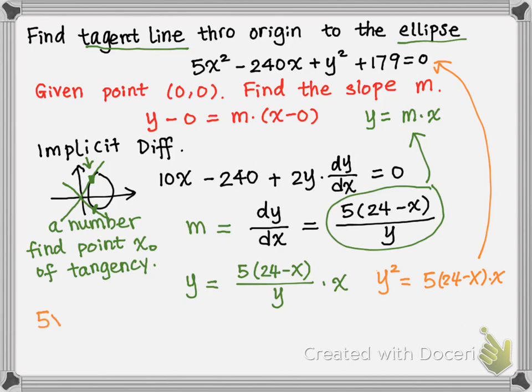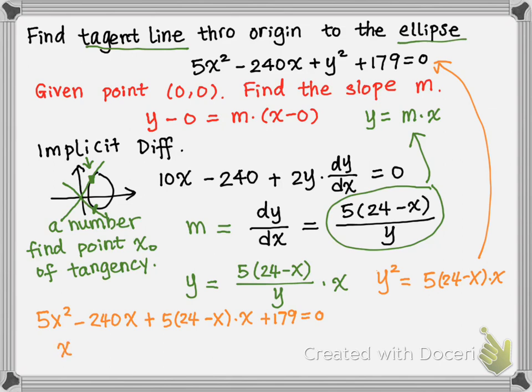So 5x squared minus 240x plus 5 times (24 minus x) times x plus 179 equals 0. And we can solve this equation for x, and it will give us the point of tangency.